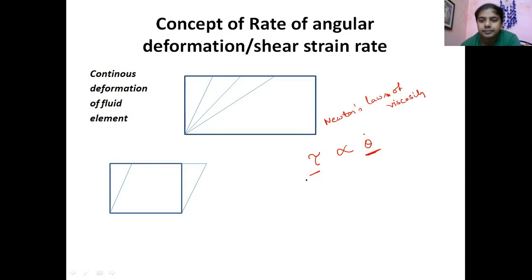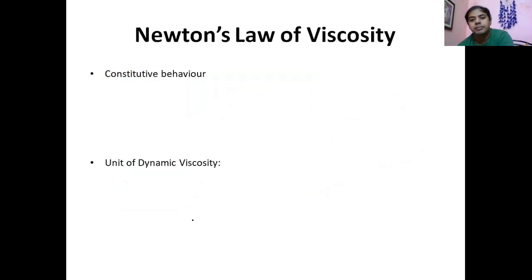Shear stress is linearly proportional to the shear strain rate. So it is nothing but a constitutive behavior.